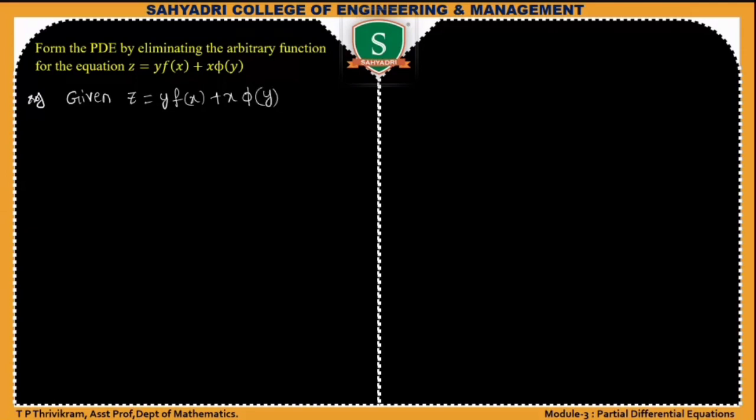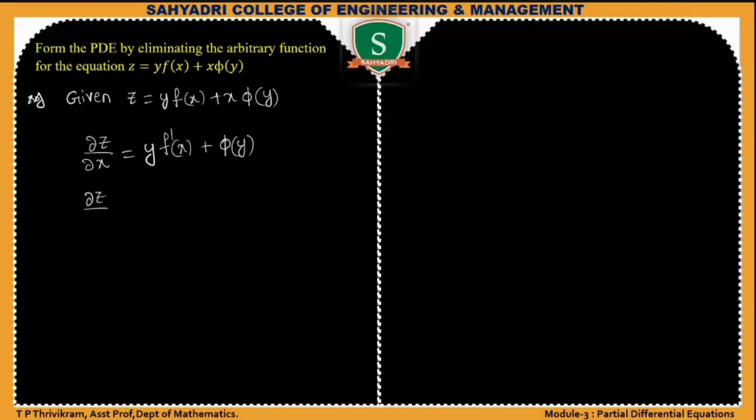Now first I'll find ∂z/∂x. How much will you get? y into f dash of x plus x into, sorry, phi of y only. Differentiation of x is 1, and phi of y, a function of y, is constant.